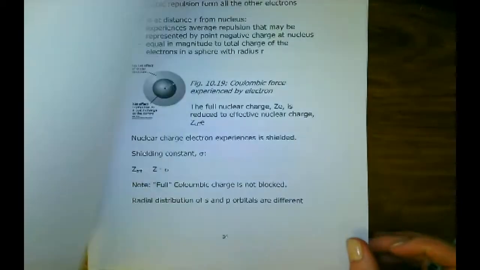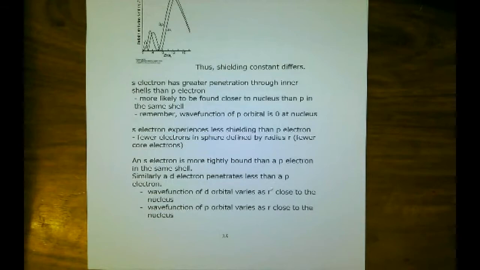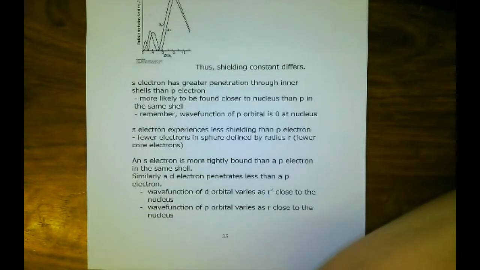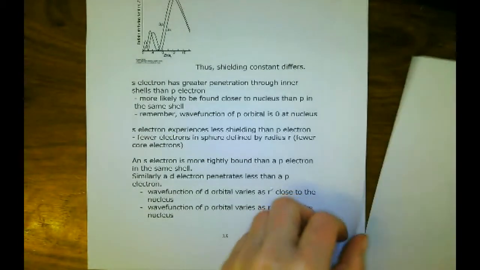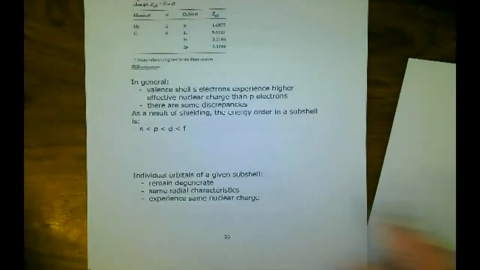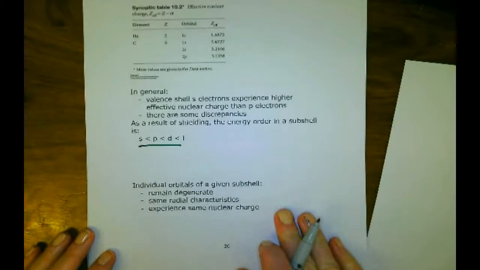I will just quickly recap, because this concept explains basically why these orbitals are no longer degenerate. So if you look at a many electron system, you find that the energy levels look like this.